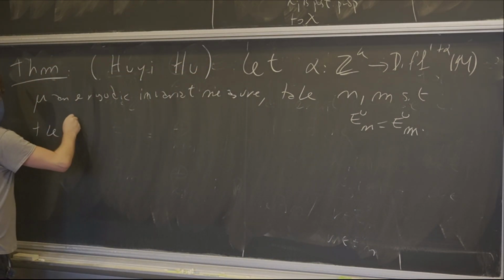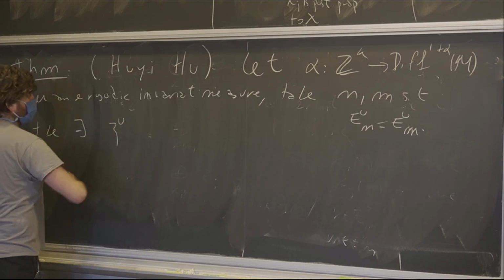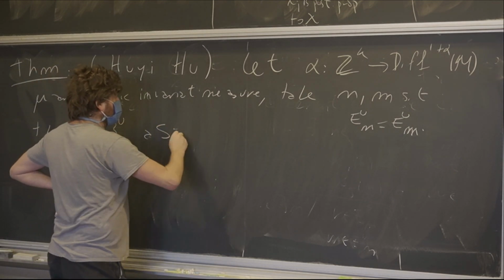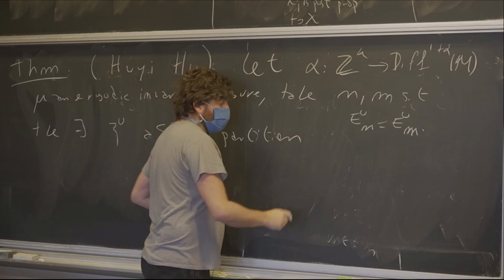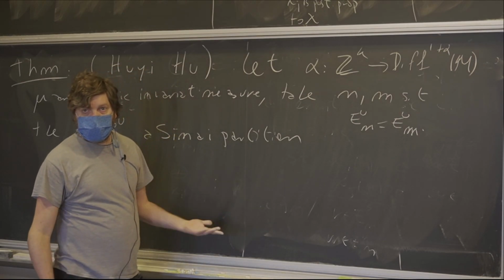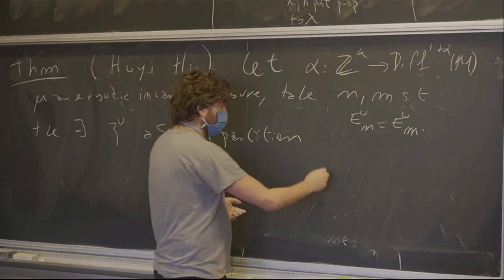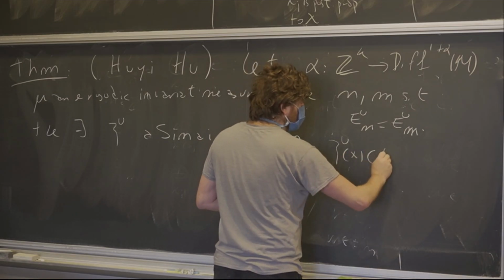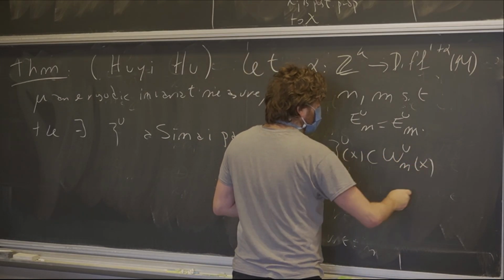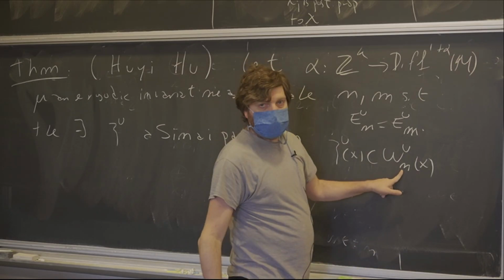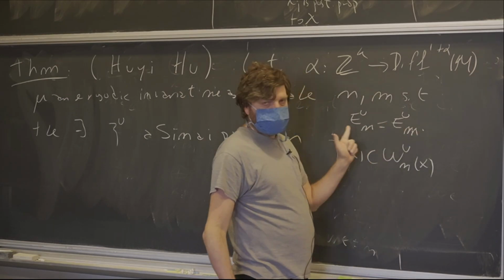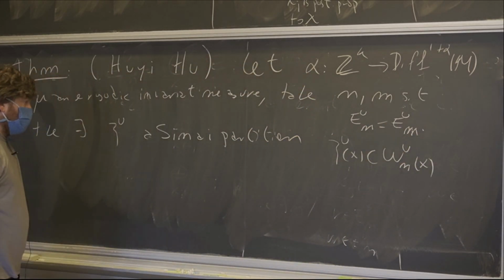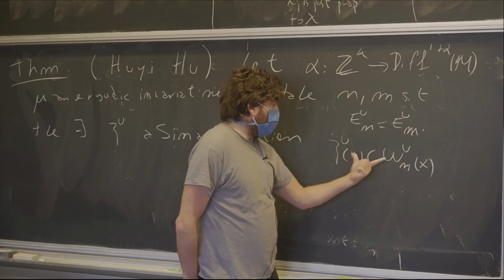Then there exists psi^u, a Sinai partition. So remember, Sinai partition is inside of the unstable foliation. So psi^u(x) is contained in W^u(x). Here I have to emphasize who is the element that I'm taking when I'm considering W^u, which is n and m, which will be the same because it's the same manifold. It contains a neighborhood of x, is bounded there.